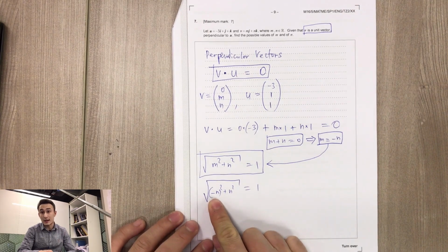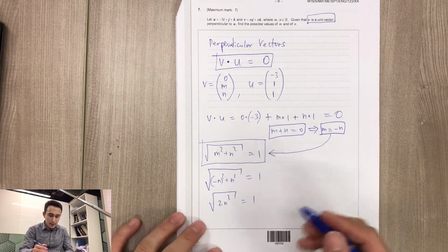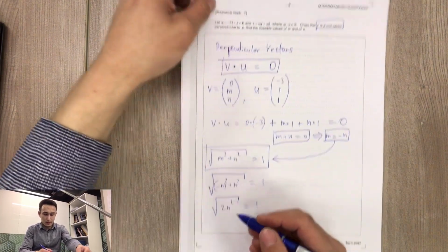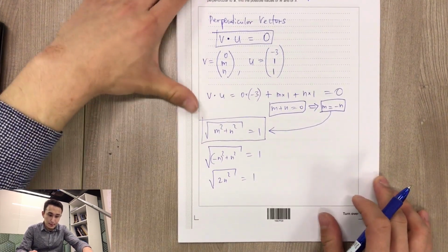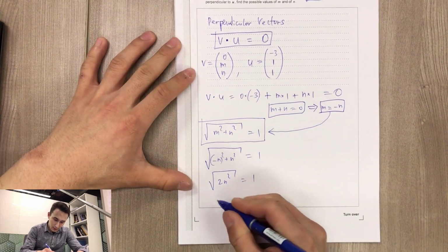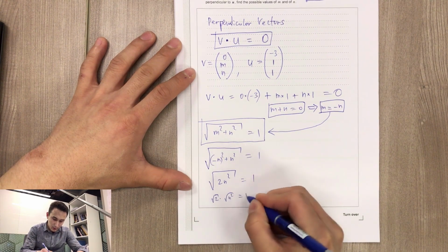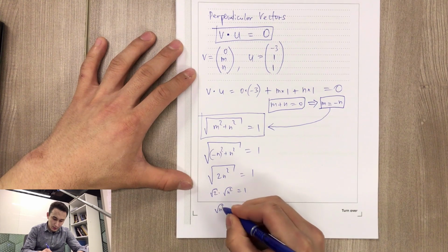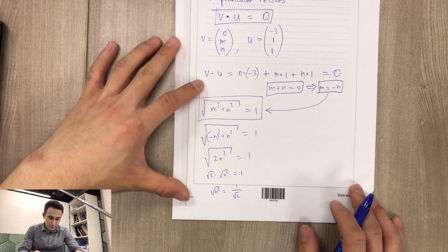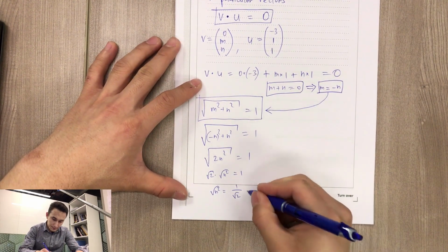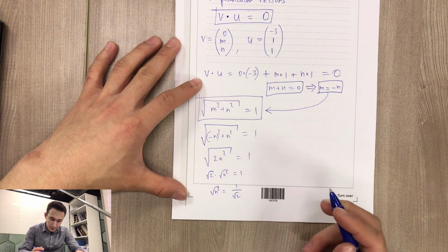So (-n) squared is the same as n squared. n squared plus n squared is 2n squared, and the root of that is equal to 1, which means that root 2 times root n squared is equal to 1, so root n squared is equal to 1 over root 2. And from here, n can be positive or negative.